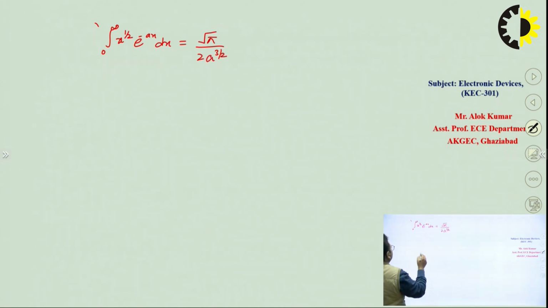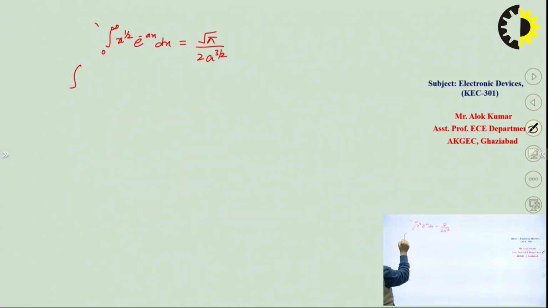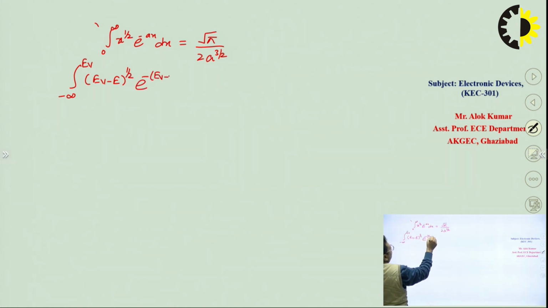And in our case we have integration minus infinity to EV of EV minus E to the power half and e to the power minus EV minus E divided by KT with respect to dE.